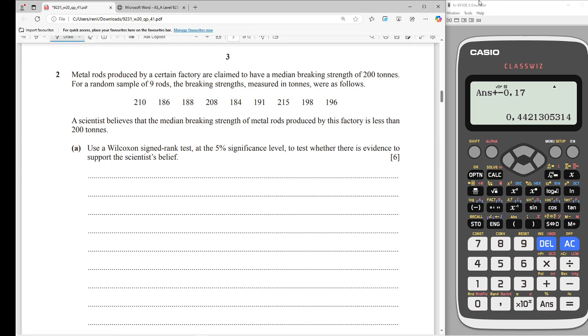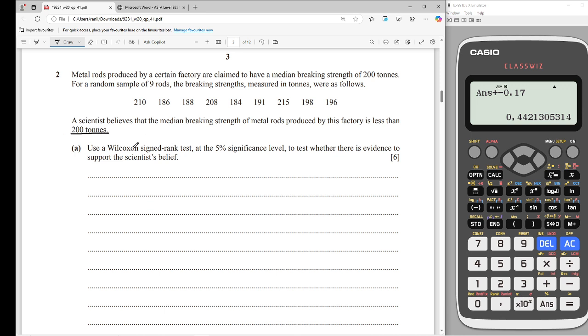Okay, so first of all, H null always says that the median is equal to whatever is stated. H null, we write in colon, H null is that the population median is equal to 200.